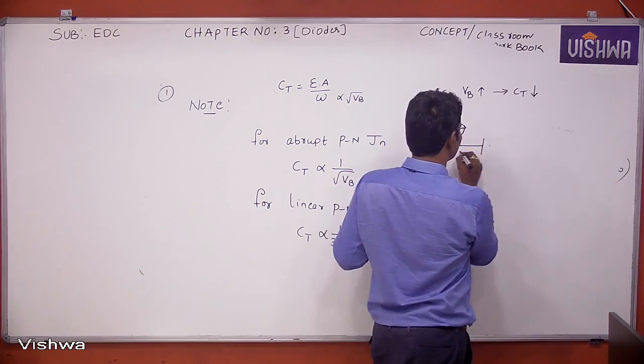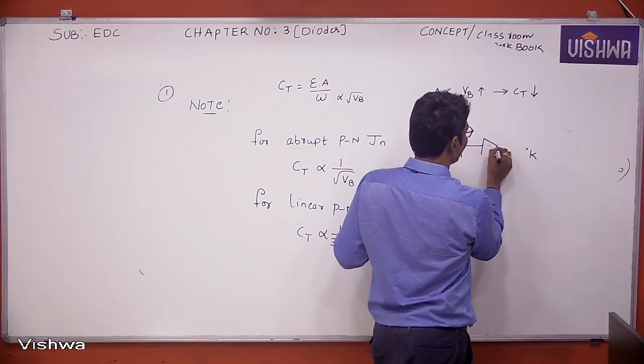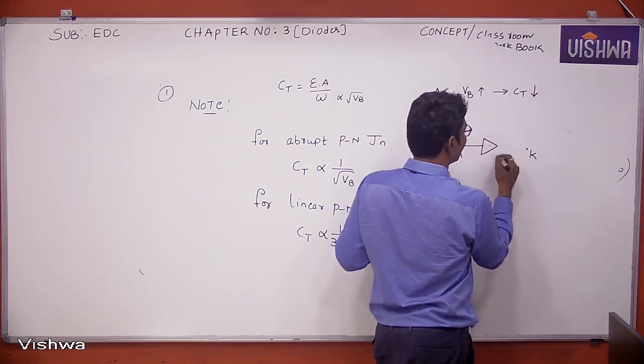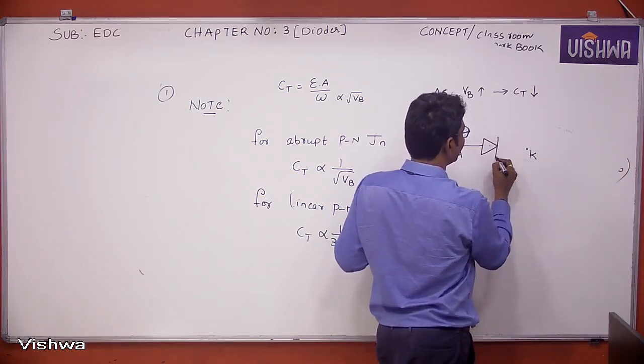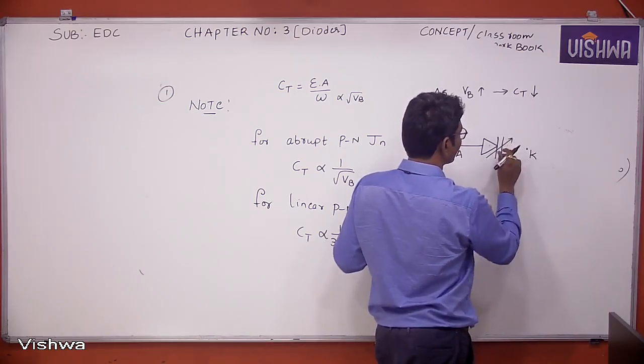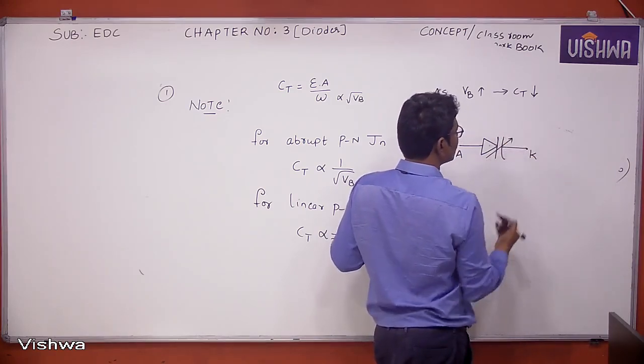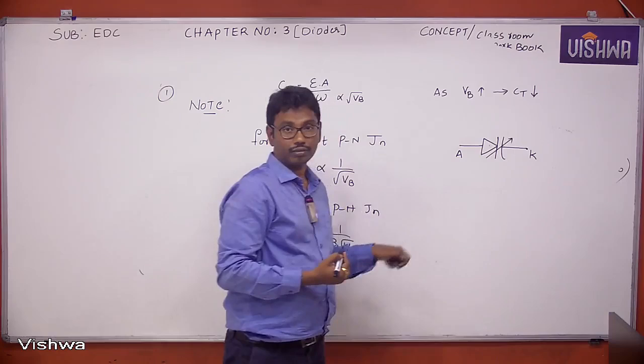A diode is a two-terminal device, anode and cathode, which allows current in one direction and opposes it in the other. Varactor diode means variable capacitance. This is the symbol of the varactor diode.